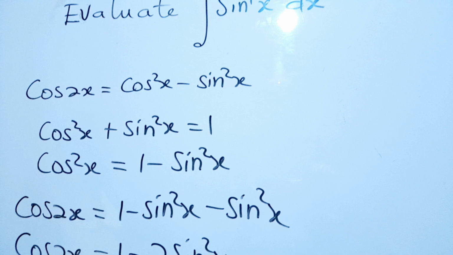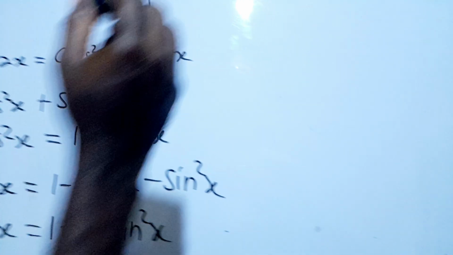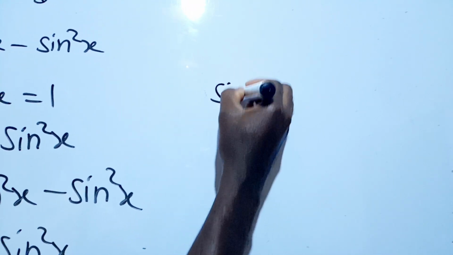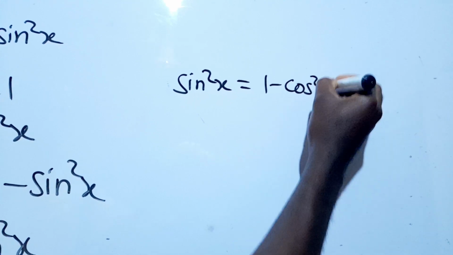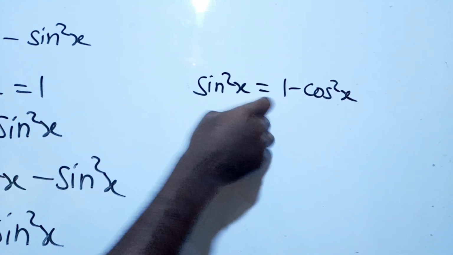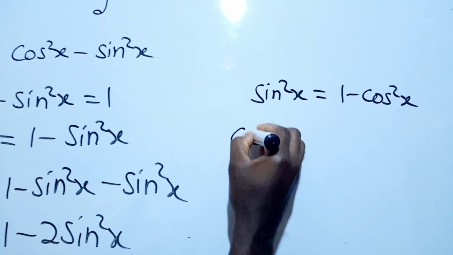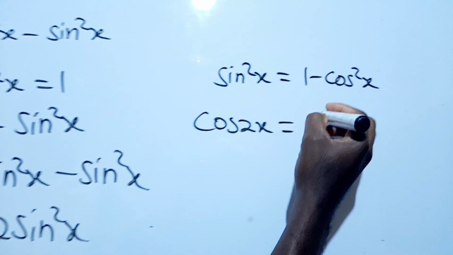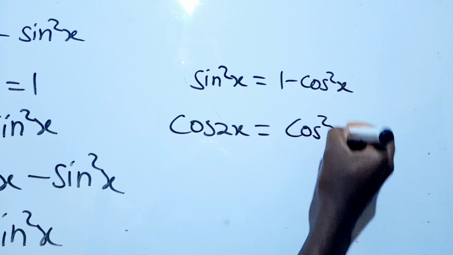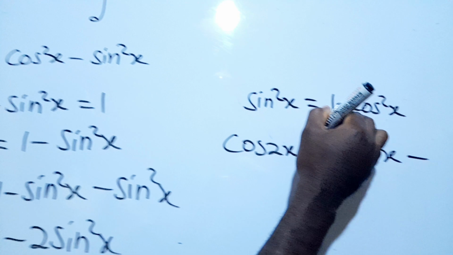Also, from our identity, sine square plus cos square, if we decide to make sine square the subject, then we can say that our sine square x is equal to 1 minus cos square x. So substituting this into the double angle, our cos 2x will be equal to cos square x, then minus, in place of sine square x, we substitute 1 minus cos square x.